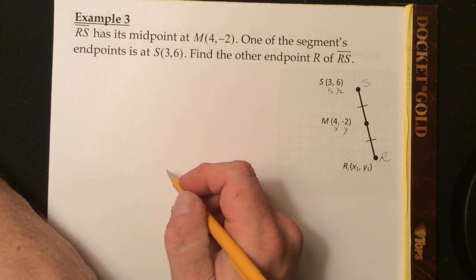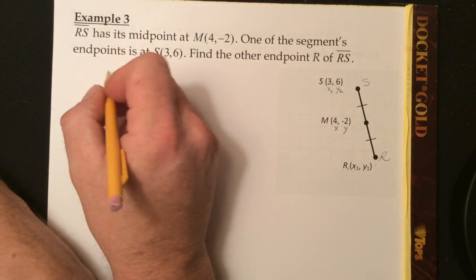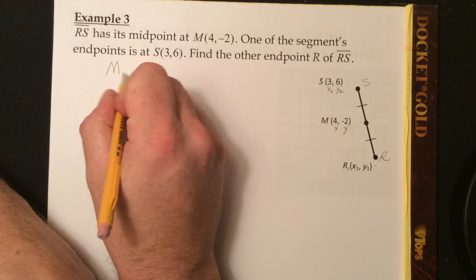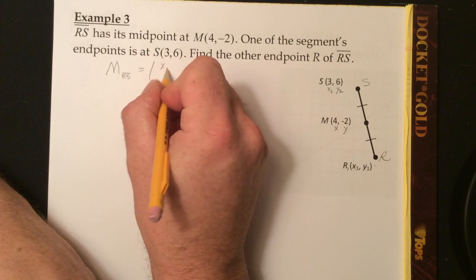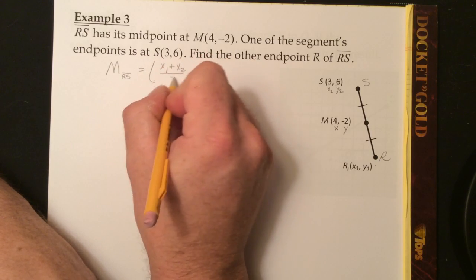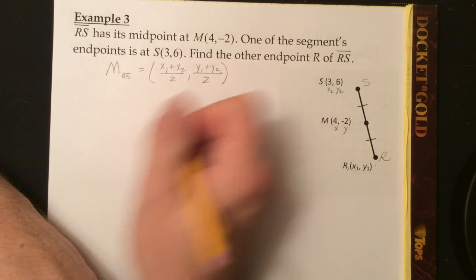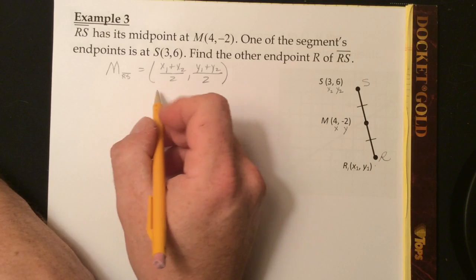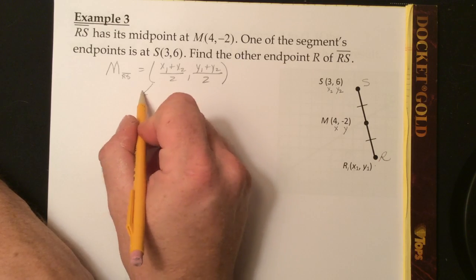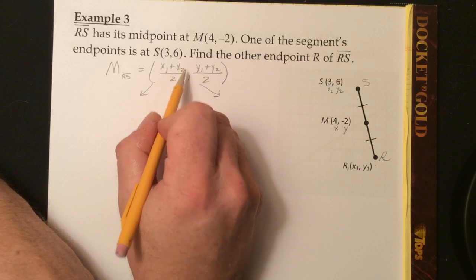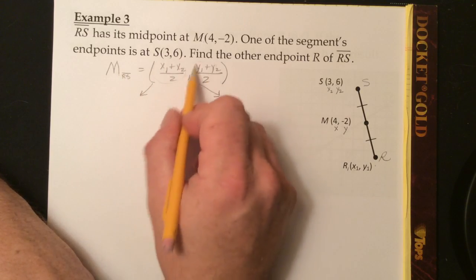Okay, so now that we have got that set up, let's go ahead and use the midpoint formula. The midpoint of segment RS is x1 plus x2 over 2, comma, y1 plus y2 over 2. And what we're going to do is split this off into 2 equations. Since this is an ordered pair, it's got the x part and the y part.